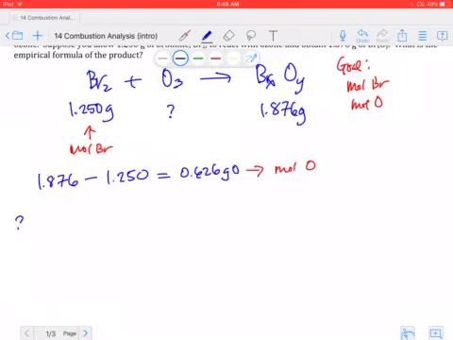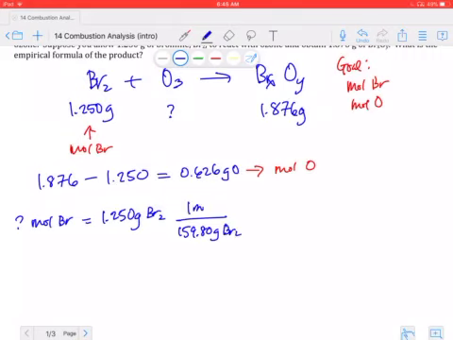So I'm looking for moles of Br. I'm starting with that 1.250 grams. And this is grams of bromine that's diatomic. So I do need to take that into account. So the molar mass here is 159.8. This is for 1 mole of Br2.